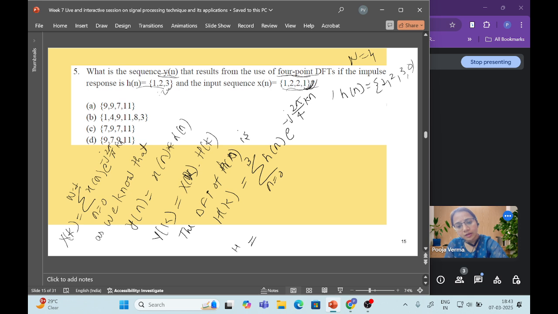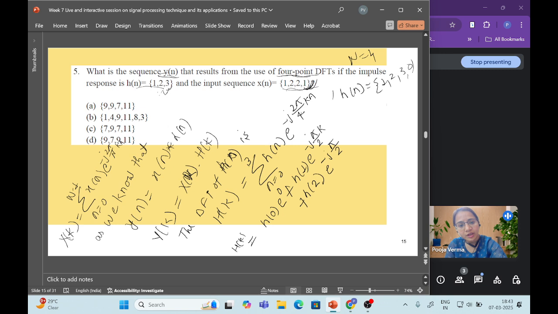Now we will write H of k, just open this summation. When we put n equal to 0, we get h of 0 e to the power 0. Okay, this part n is 0, so this part will be 0 only. Now h of 1 e to the power minus j, here 2 pi by 4 so pi by 2 will be there, only k, because n is equal to 1, plus h of 2 e to the power minus j pi by 2.